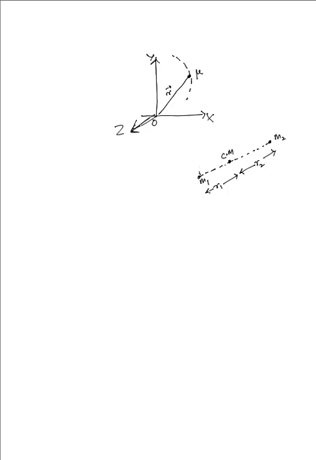Now m1 goes about supposedly a circular motion about the center of mass, and this m2 also performs a similar circular motion about that center of mass. So this is how we can describe the motion of the two bodies that are associated in that system. Now this is a much easier approach, which is the case of this diagram rather than that.